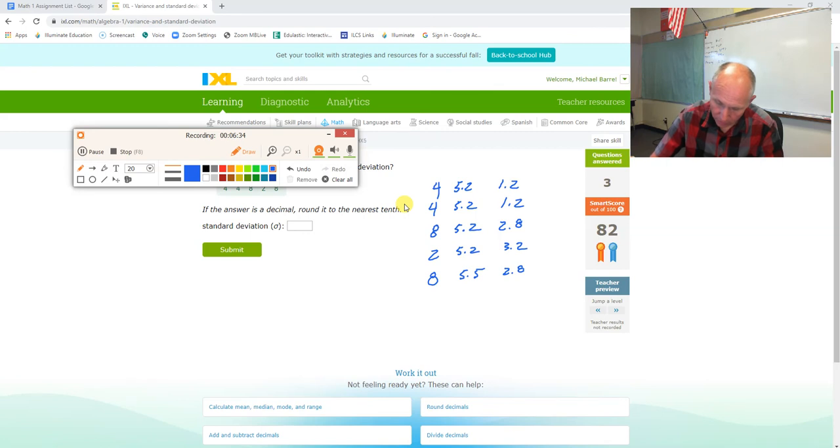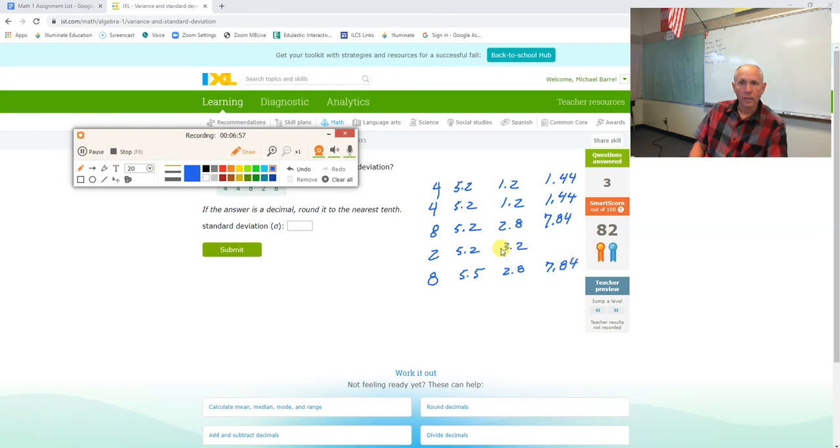1.2 squared is 1.44. 2.8 squared is 7.84. And then 3.2 squared is 10.24.